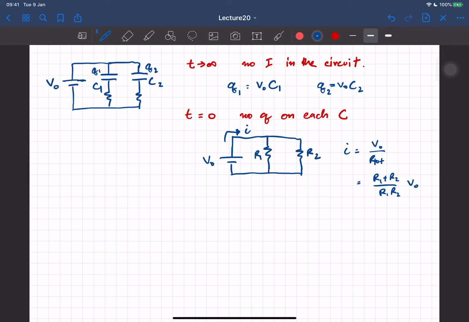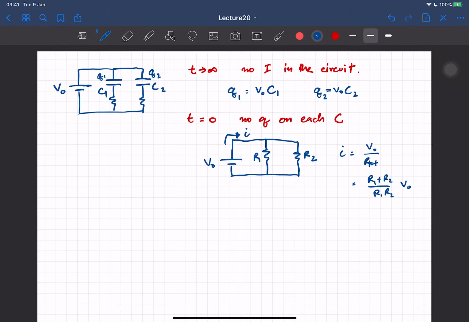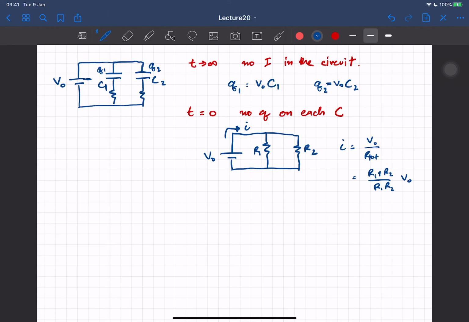You can answer this kind of question without solving the differential equation. Okay, but anyway, if you want to know what happened in between, then you really need to solve this differential equation.